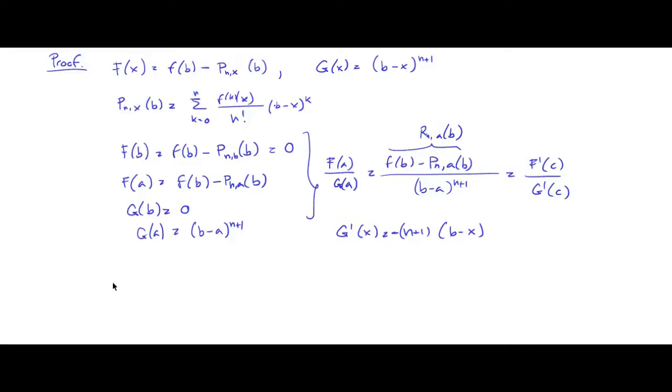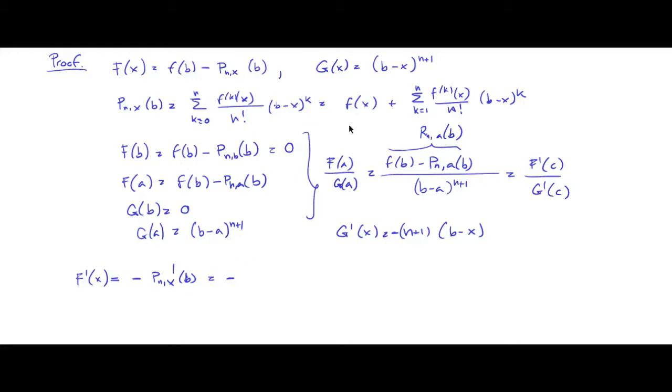So we have F prime at x is minus p_n,x prime at b. And this expression, when k equals 0, is f at x, plus the sum from k equals 1 to n of the kth derivative of f, times (b minus x) to the k over k factorial.